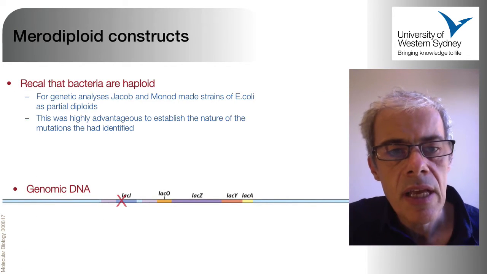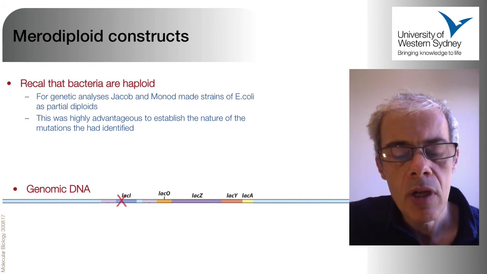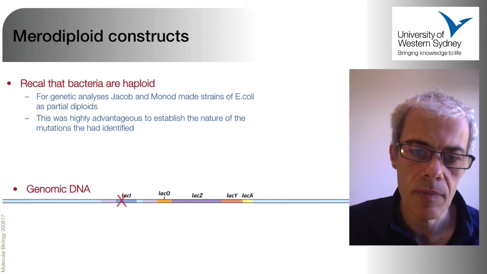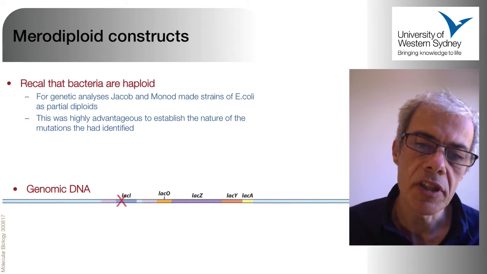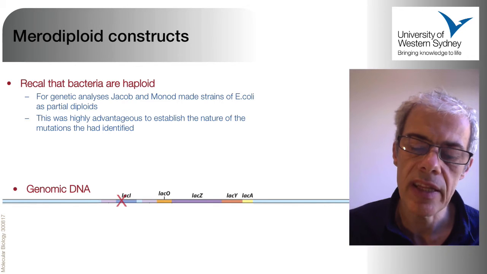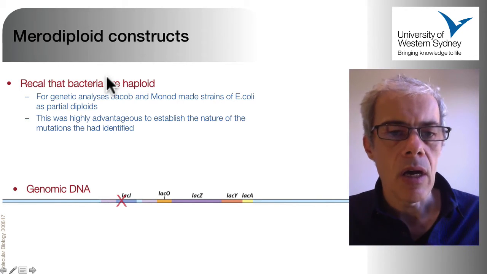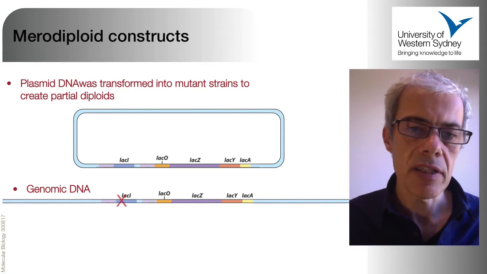So once these haploid mutants had been identified, Jacob and Monod constructed what we call merodiploid constructs. So these were strains of bacteria that were diploid for short regions of DNA. So effectively, they were diploid for the Lac Operon. The way they did this was fairly simple really.